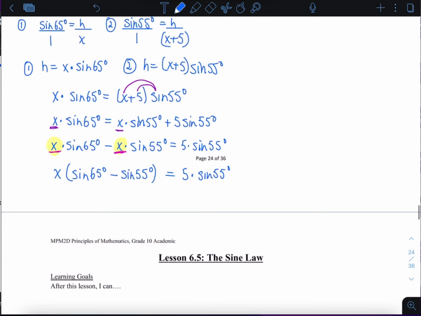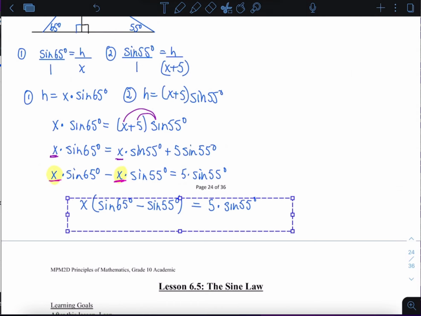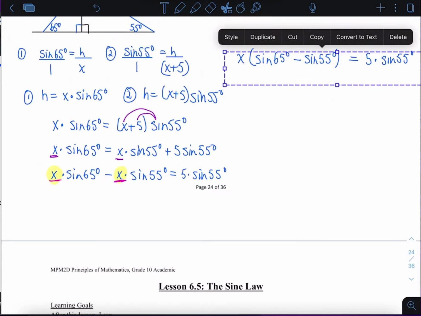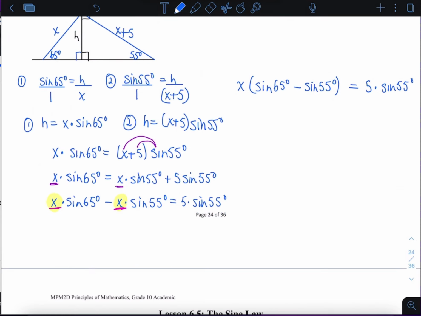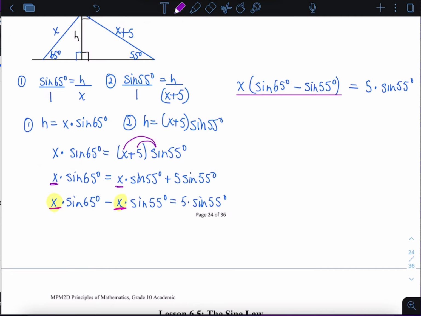Okay, so now I'm just going to rewrite this here. Actually, I'm just going to move this here. Okay, because remember, the name of the game here is isolating x. So the way I'm going to do that is I'm going to divide both sides by sine 65 minus sine 55 degrees.